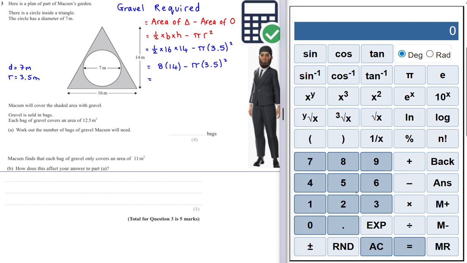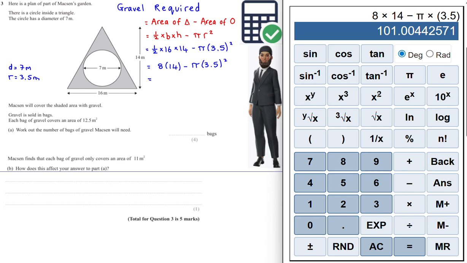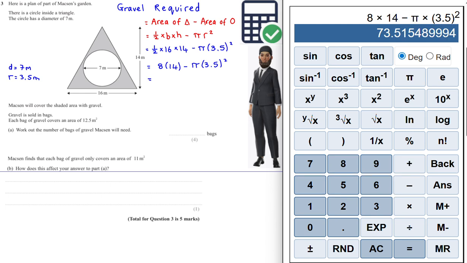So you're going to get 8 multiplied by 14 minus 3.5. Let's do pi first. Let's write down pi multiplied by, let's put some brackets, 3.5, close the brackets, and we need to square this, and we end up getting this much gravel.